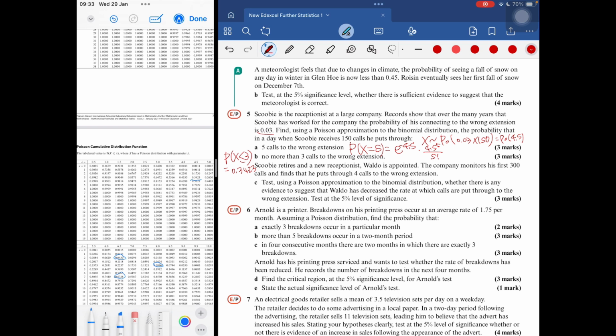Scooby retires. The new receptionist, Waldo, takes 300 calls, 4 calls to the wrong extension. So we can say 0.03 times 300.